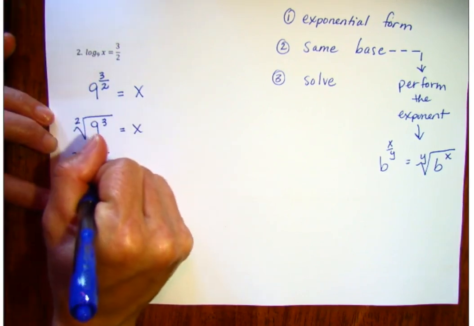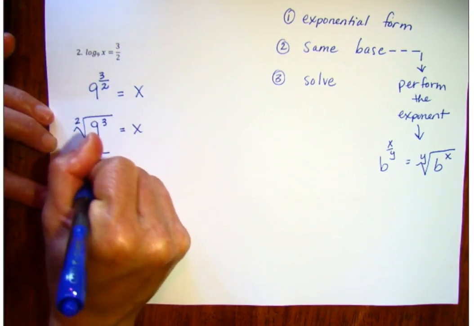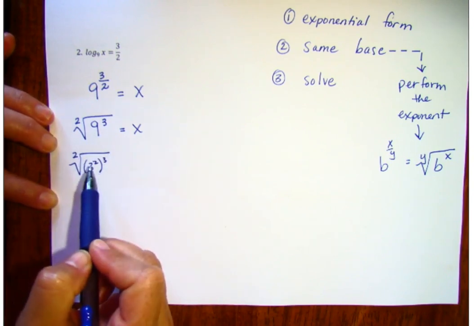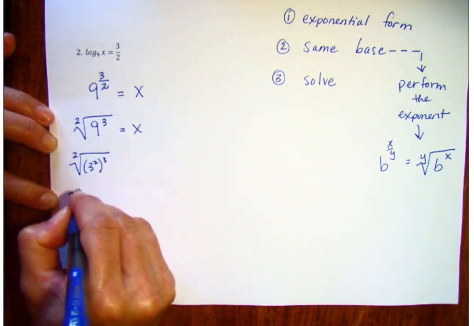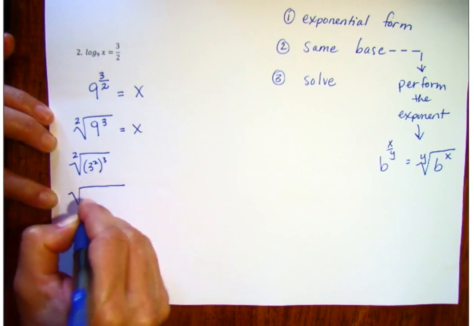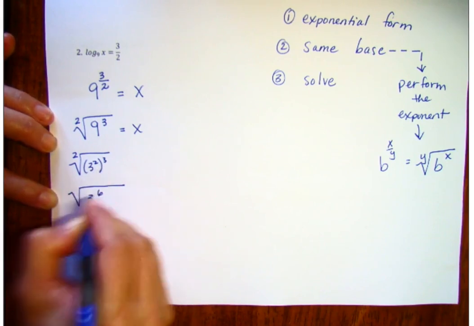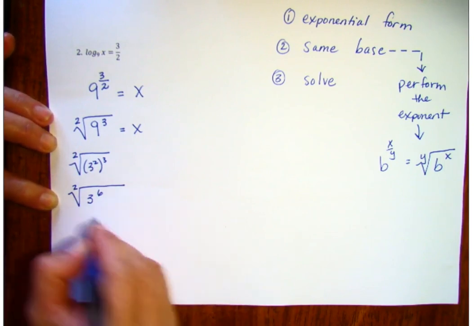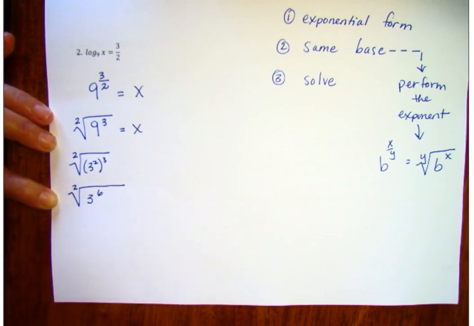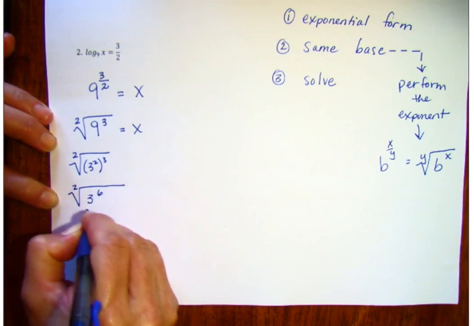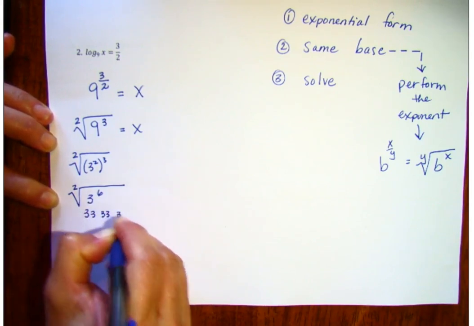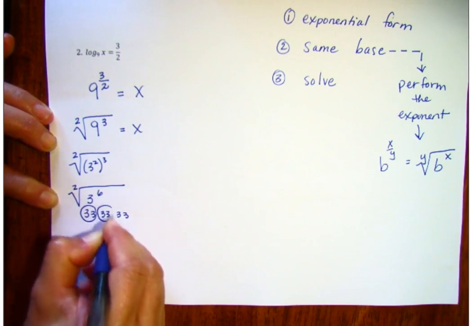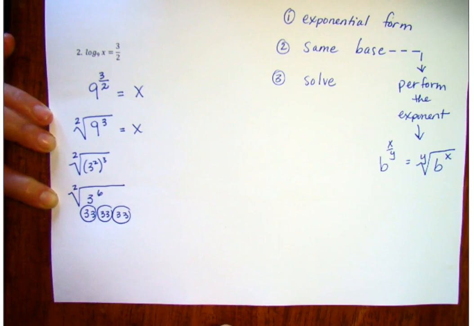So this is going to be 3 squared times 3. Remember, 9 is 3 squared times 3. So I'm going to have 3 to the 6th power. And 3 to the 6th power, remember, if you want to think about this without using a calculator, for every 2 sets, one of them gets to come out. So there's a pair, and there's a pair.